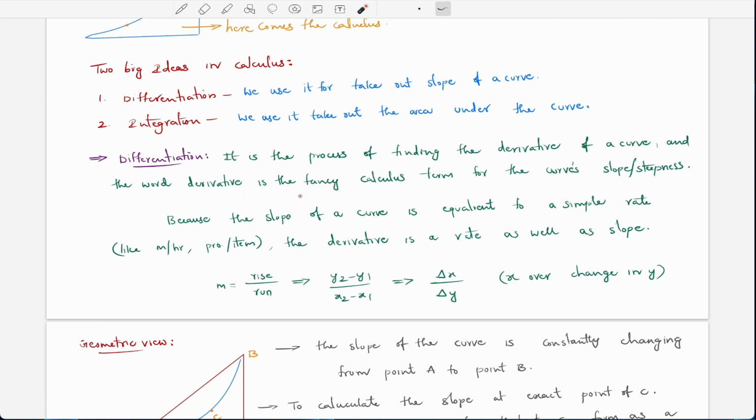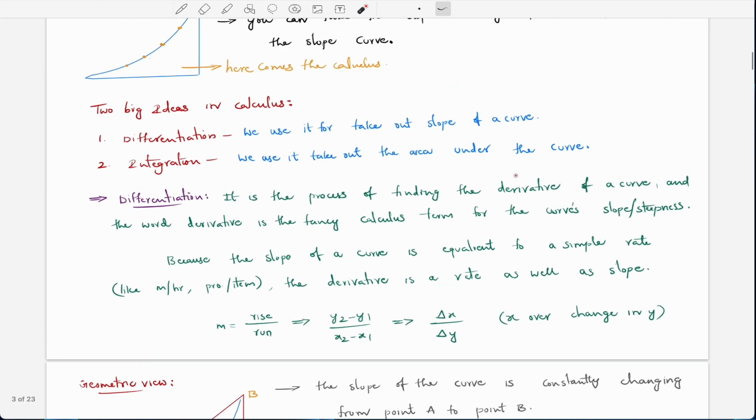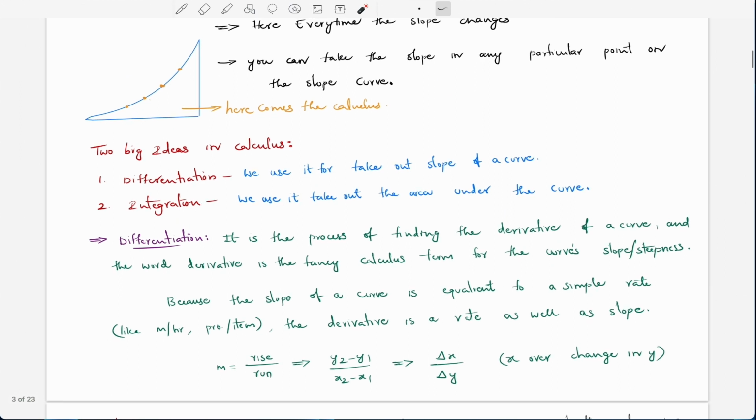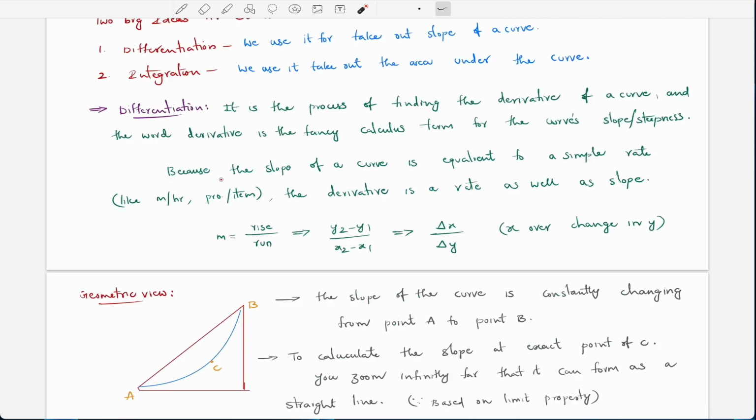It's just a fancy calculus word for the slope or steepness of the curve. It's a calculus term to find the slope of that curve. We use differentiation. The word is differentiation.